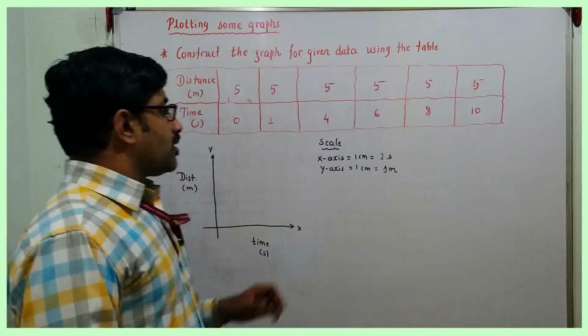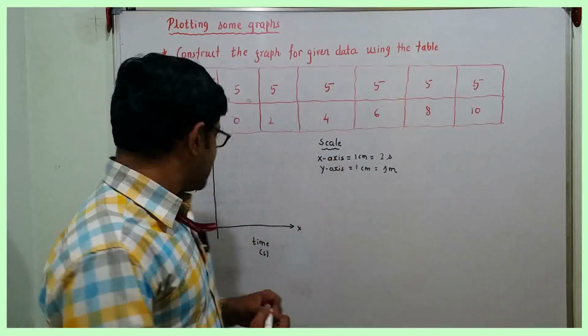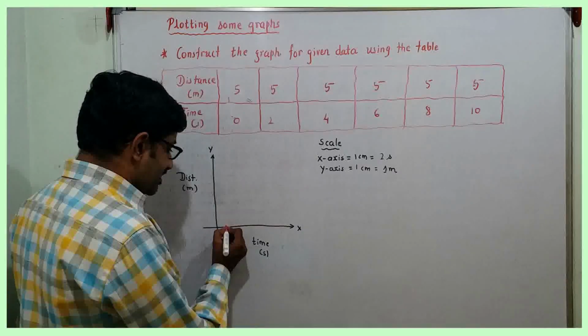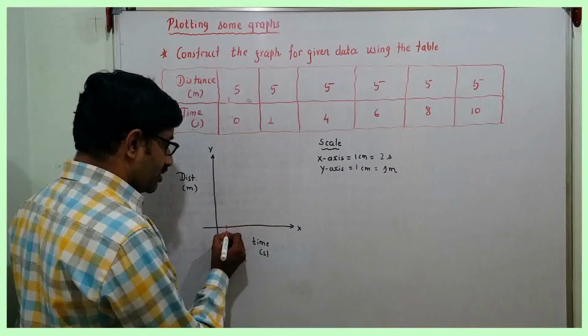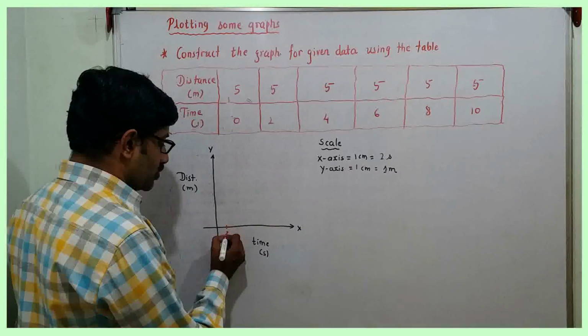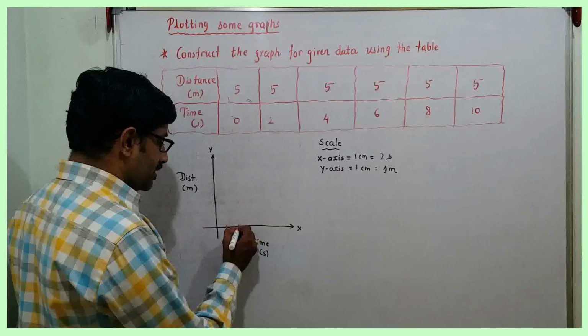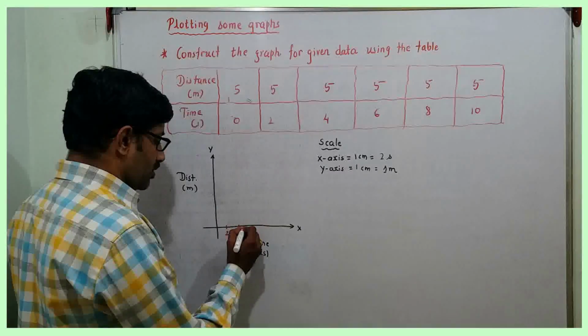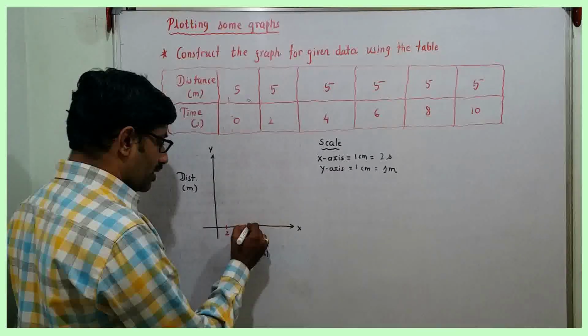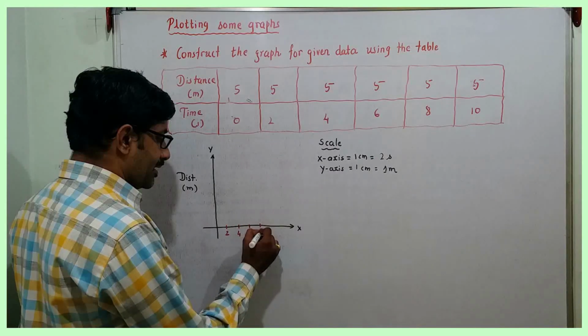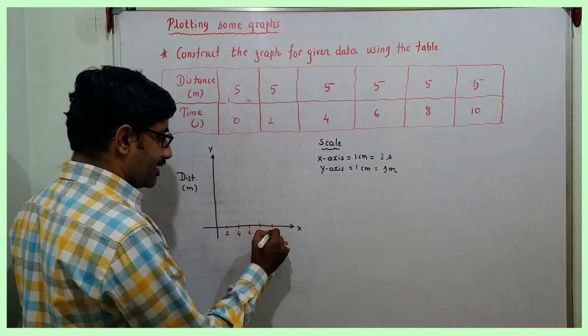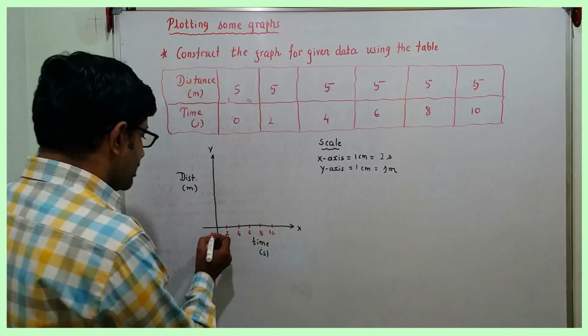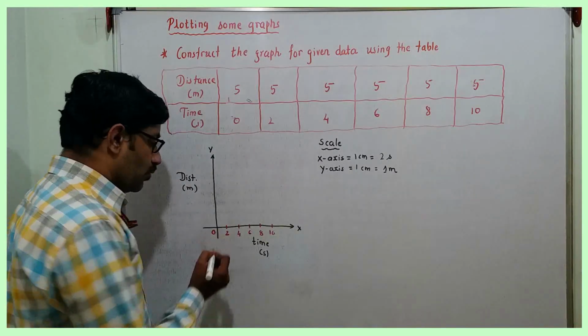Okay, I am considering the x-axis, so just this as 1 centimeter, we took 2, this as 4, this as 6, 8 and 10, and similarly this point is 0, that is the origin.